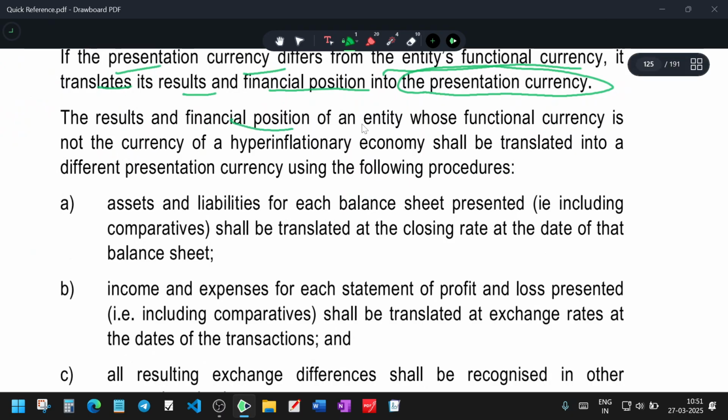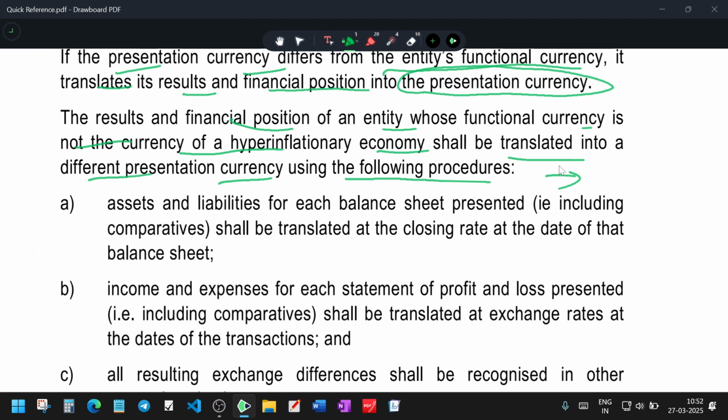The results and financial position of an entity whose functional currency is not the currency of a hyperinflationary economy shall be translated into a different presentation currency using the following procedure. Sir, in that situation, what about the financial position of a company affected by hyperinflation of the economy?